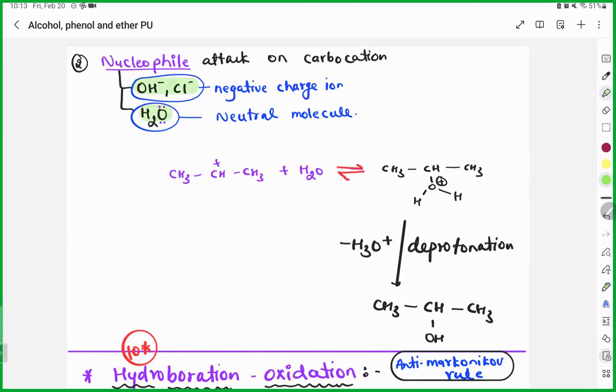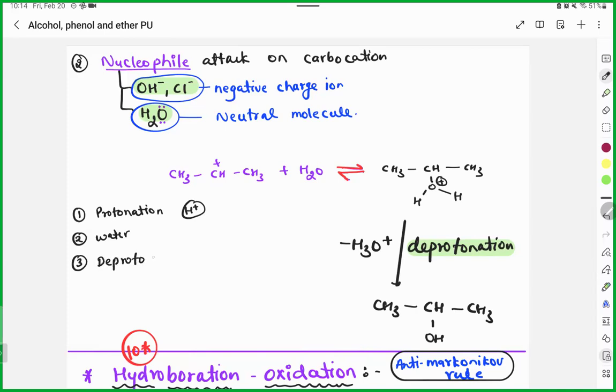Water will be added, and then it will undergo deprotonation, means removal of the hydrogen. Why? Because in first step you have protonation. Protonation means addition of H positive. Then water addition, and third step is removal of proton.